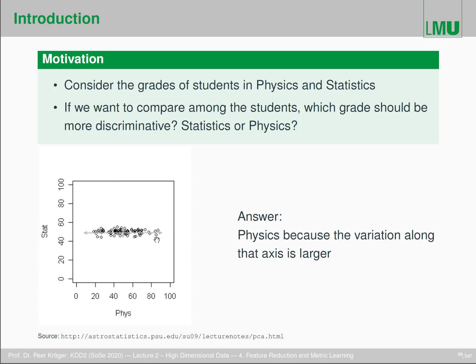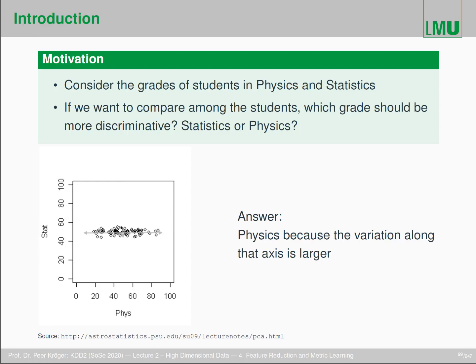Well, discriminative is of course also again politically incorrect, but in that case it's obviously physics, because the variation along the physics axis is of course much larger than the variation along statistics. So having a larger difference in the physics grade has much more predictive power, or much more explainability, or much more significance than a difference in the stats.